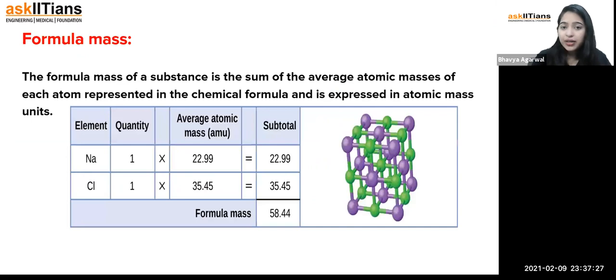Now, I'll talk about another case, that is formula mass. So now when I talk about that, see. Formula mass is basically a mass which is defined for ions.